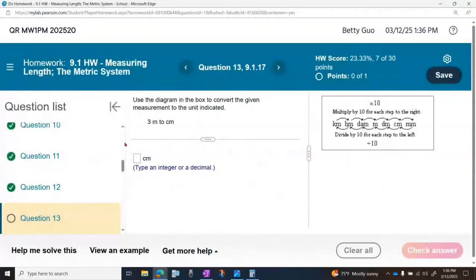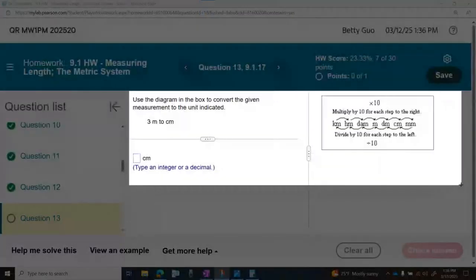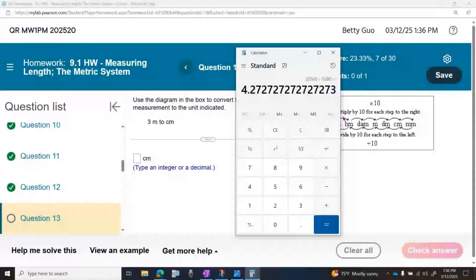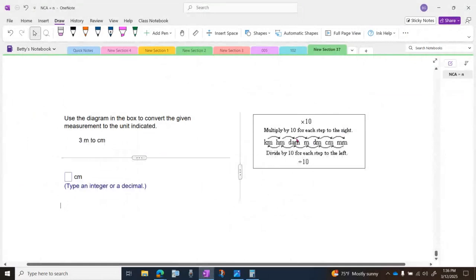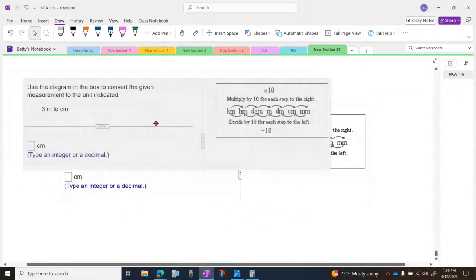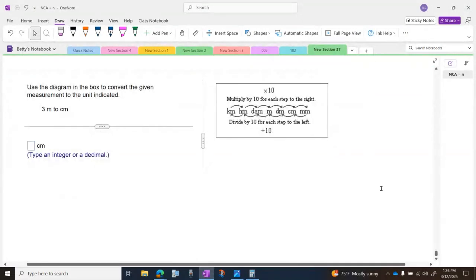And in this question, we are converting 3 meters to centimeters. This is something you need to know, because when you take exam 2, our exam is closed book, closed note. I think there are a few questions, or 2, where you need to know this diagram to convert within the metric system.